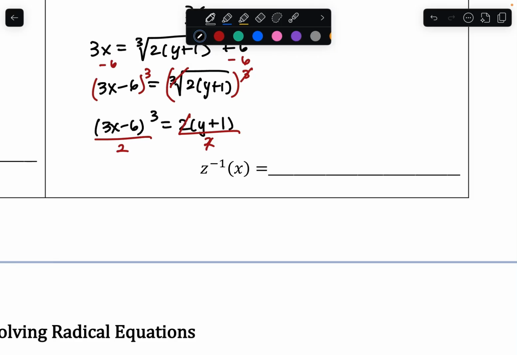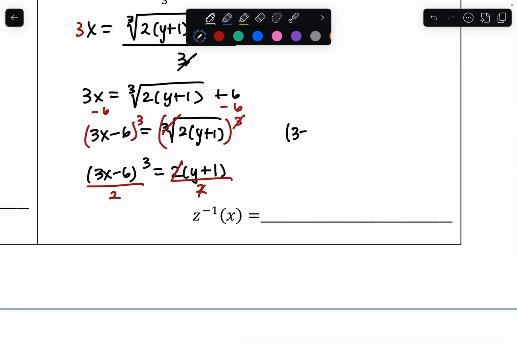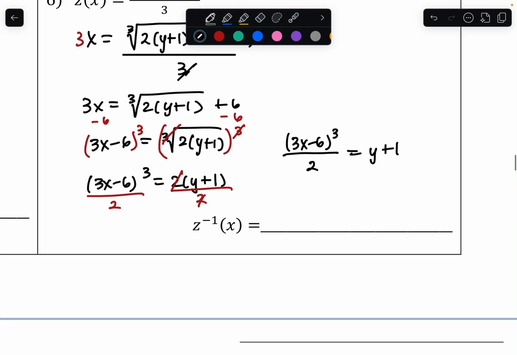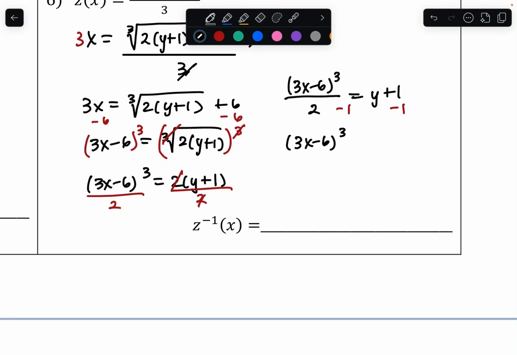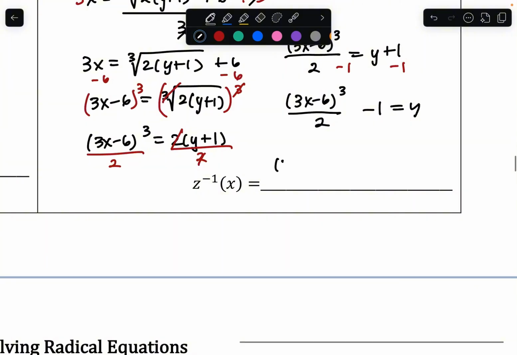Okay, and so what we have so far is we have a 3x minus 6 cubed all over 2 equals the y plus 1. And so our last step is to just subtract the 1. Okay, and it's just going to be outside this fraction. So 3x minus 6 cubed over 2, and then minus 1.